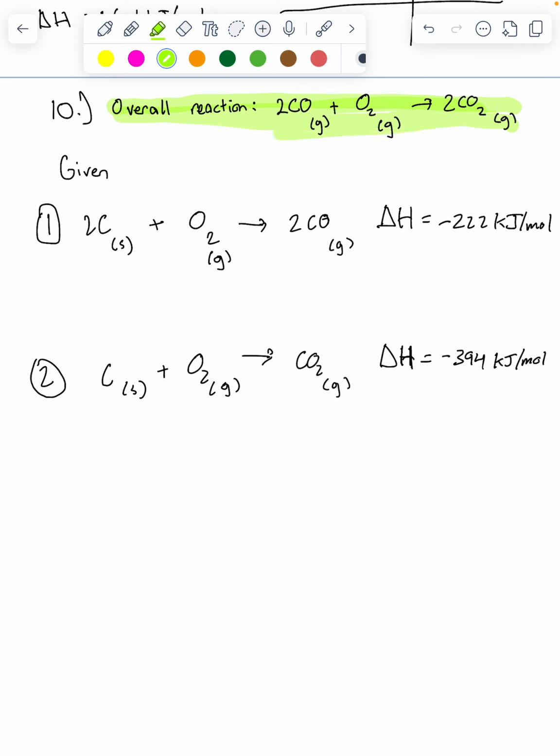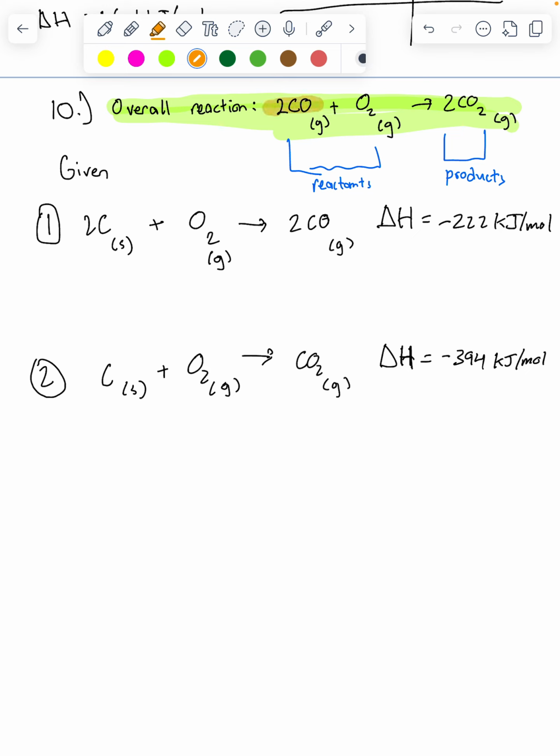So we're trying to get our reactants and our products to match. We know anything on the left side of the arrow is our reactants, and anything on the right side is our products. So the first thing I want us to find here is 2CO.